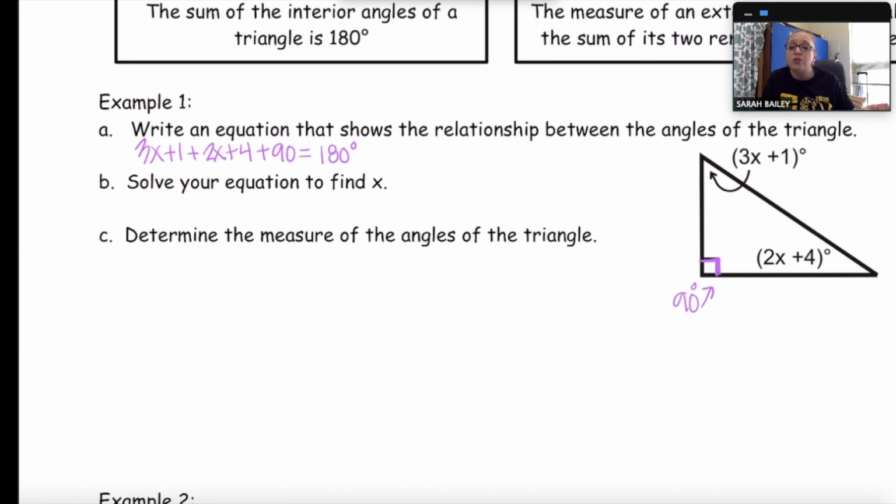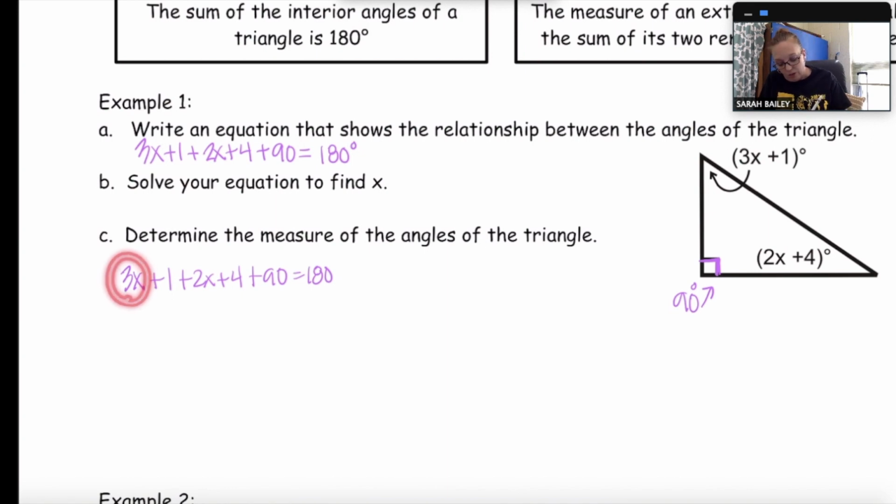Now it says to solve the equation to find x. I'm actually going to have to do that down below because I don't really have enough space, so I'm going to rewrite that equation down here. Okay, and so if I solve this equation, my very first step is I have to combine my like terms.